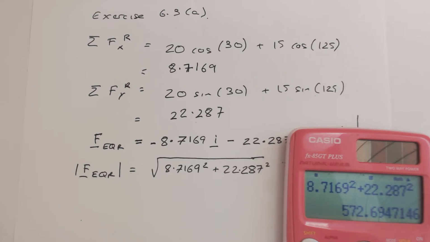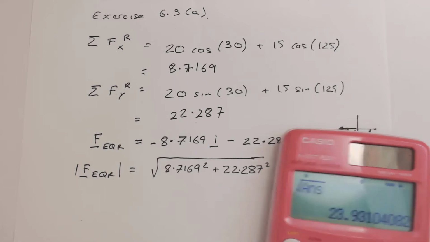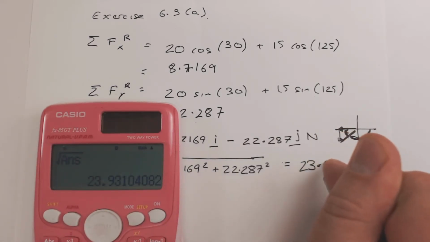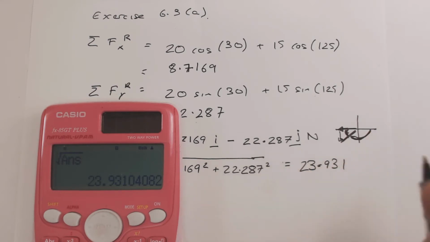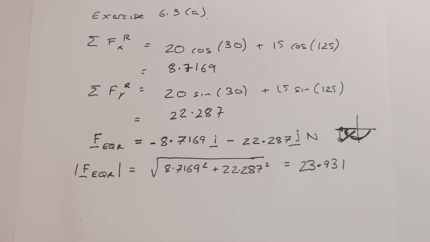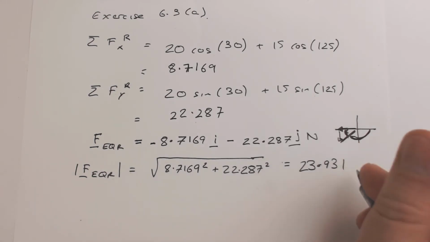So that's all combined. Let's do the square root of my answer. So that's the number. So we've got 23.931. So it kind of makes sense. We expect it to be a bit bigger than the 22, but not dramatically. Okay, so that's the force.